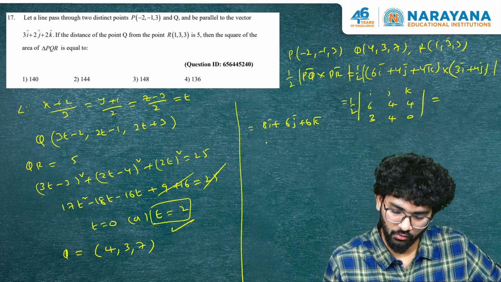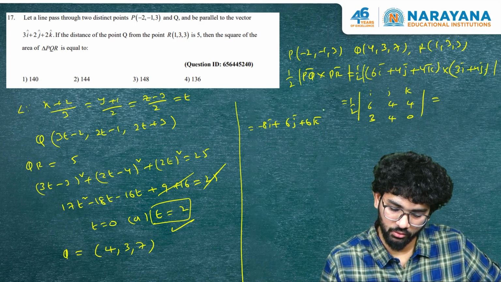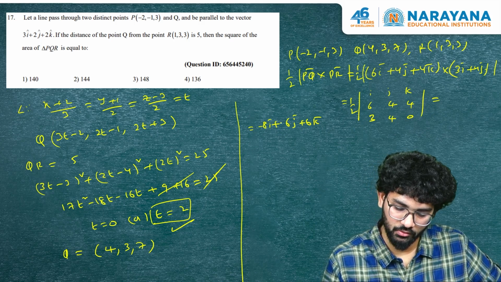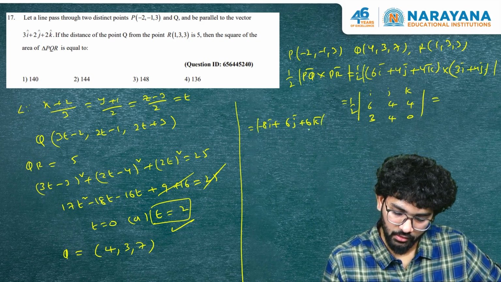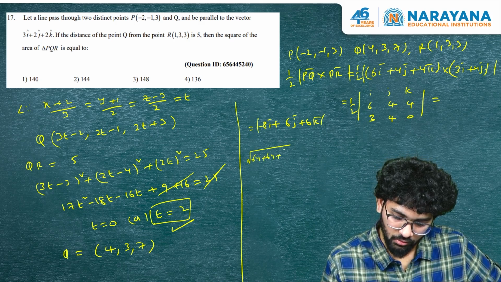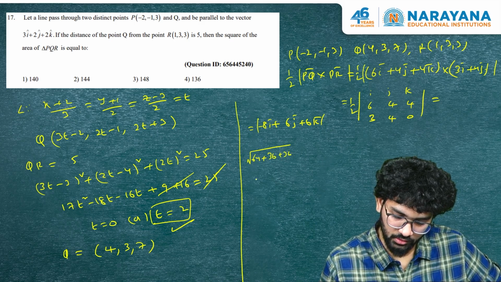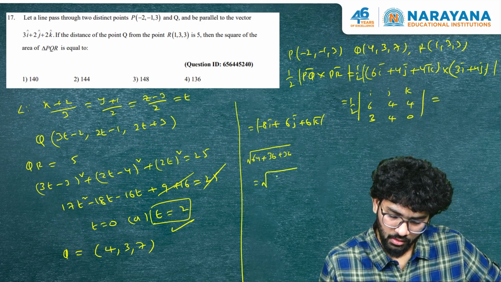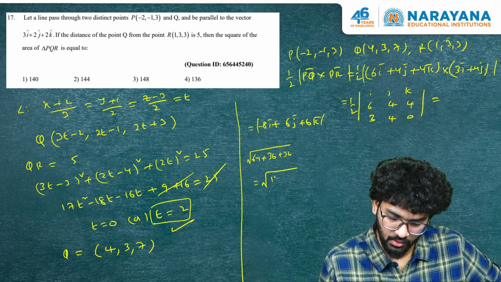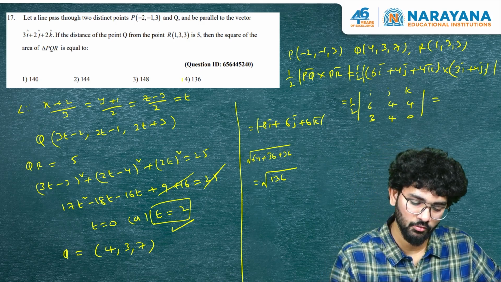Actually it is minus 8 I bar, because minus 16 by 2 is minus 8, and for this 12 by 2 is 6, and 24 minus 12 by 2 is 6. So the modulus of this will be square root of 64 plus 36 plus 36, which is square root of 136. He is asking for the square of that, and the square of that will be 136.